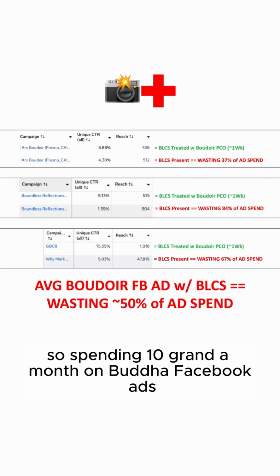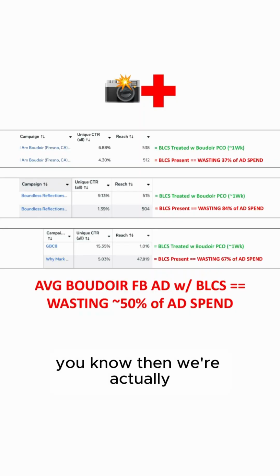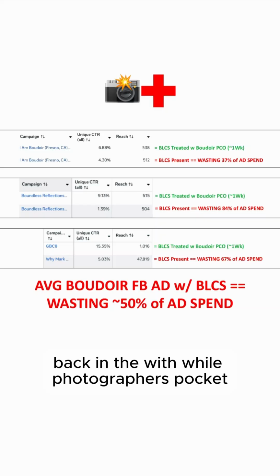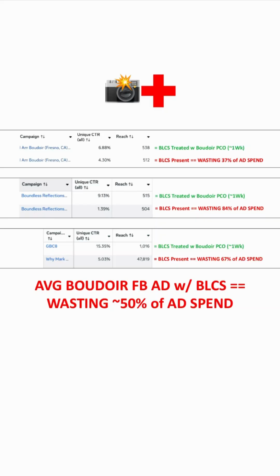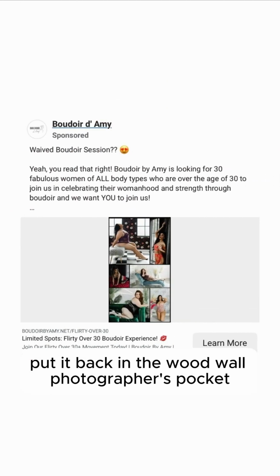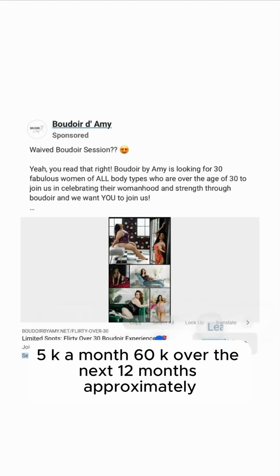So if they're spending 10 grand a month on Boudoir Facebook ads, then we're eliminating approximately 5K every single month back in the Boudoir photographer's pocket. They keep that, they no longer have to spend it. And it's approximately 60K in the next year, 5K a month, 60K over the next 12 months approximately.